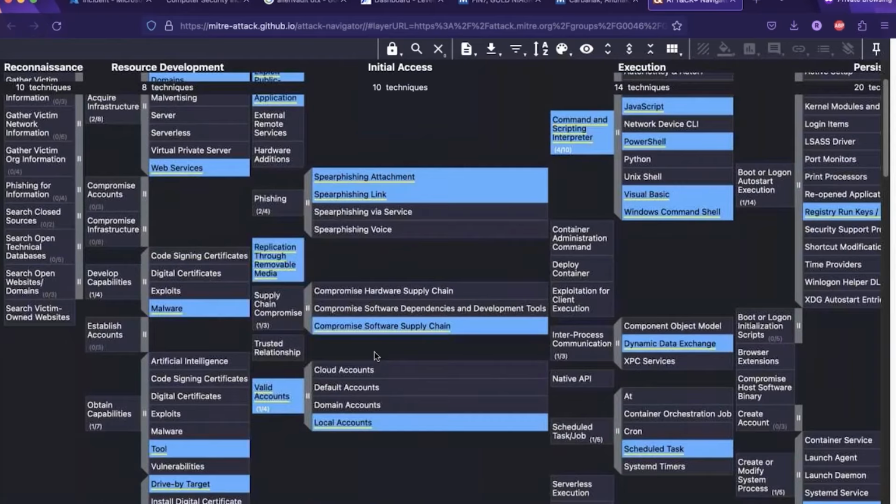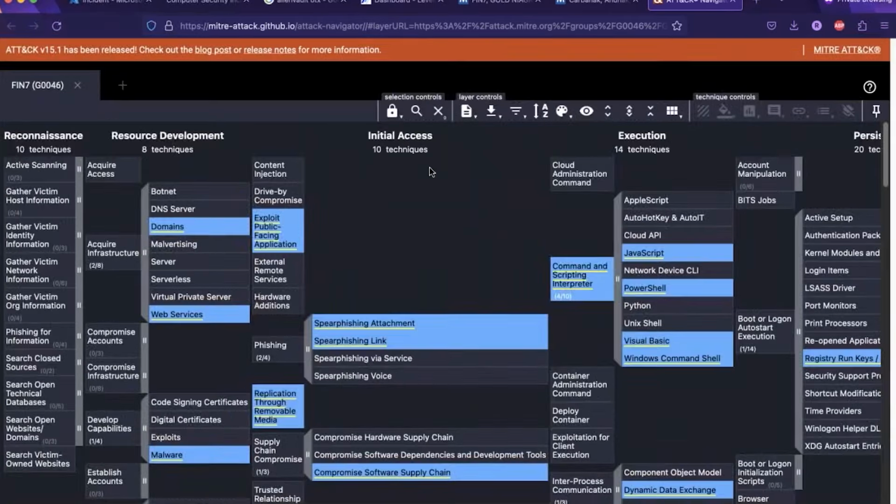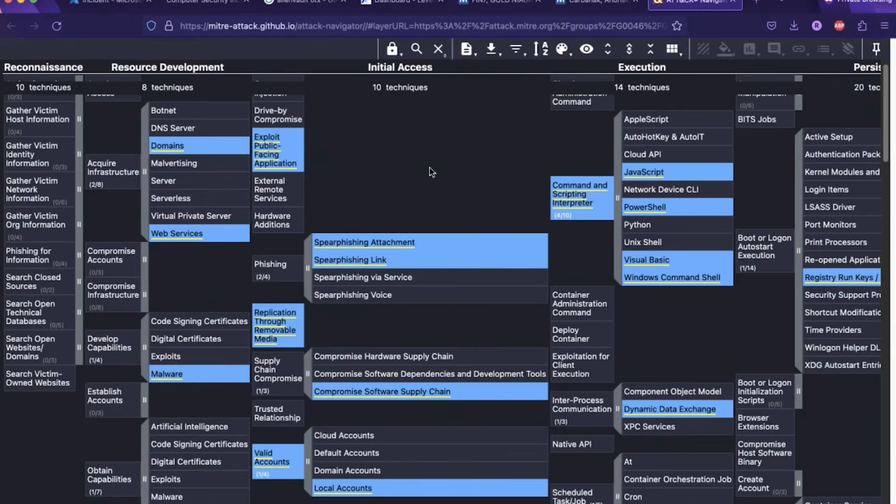When I look at this graph and chart, I might not have the proper detection mechanism for domain techniques, or I might not be looking for something like spear phishing attachment, or looking into compromise of the software supply chain for my company. We are trusting our supply vendor and whatever they are doing at their end, and I am not even checking the local accounts properly.